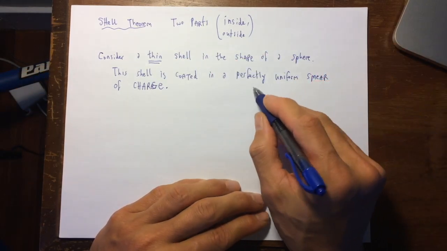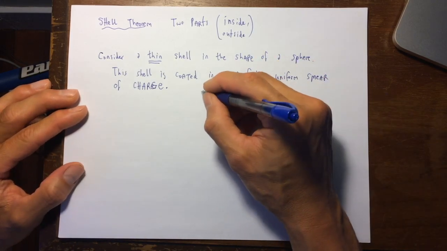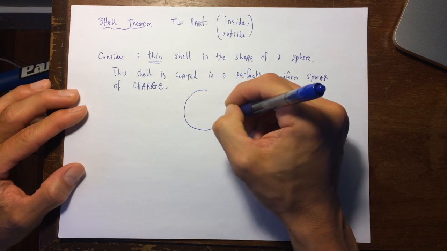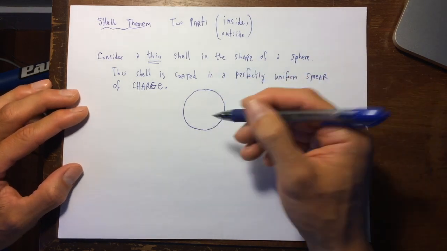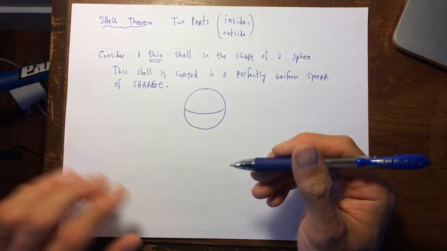So when we say perfectly uniform, what this means is the following. Here is this shell, and so it's a shape like a sphere. So here's, say, the equator of a sphere.